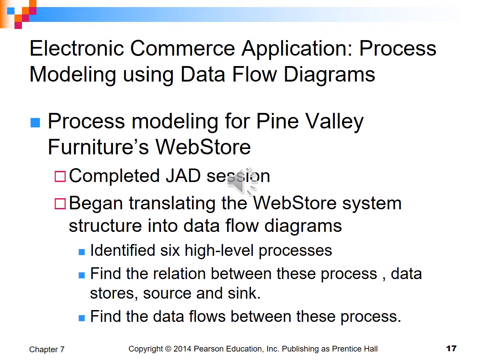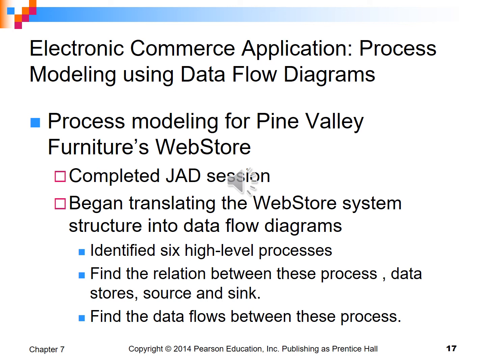So you go to the JAD session, and you begin translating the web store system into data flow diagrams and the relations between the processes. You identify 6 high-level processes. This is really level 0, 1.